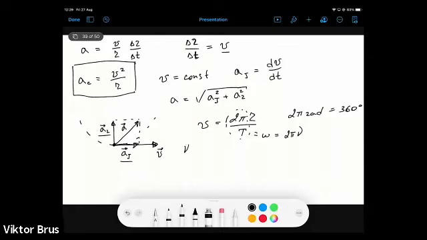And nu is equal, as you may already see from all these combinations, to 1 over T. So angular velocity is very important because we can express linear velocity as a function of the radius of the circular motion with a certain angular parameter like angular velocity.